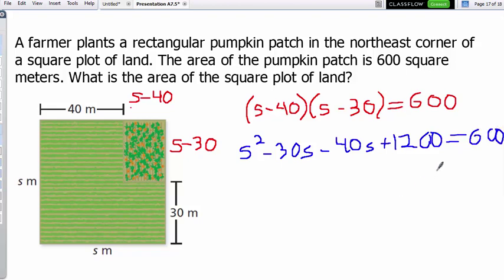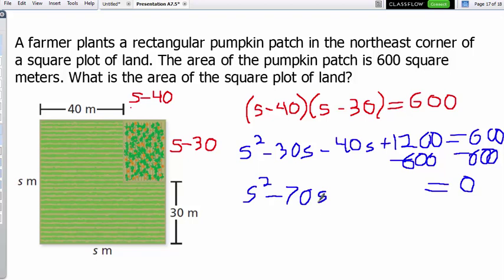The reason I FOILed this out is now I can subtract 600 from both sides, getting me a problem that has a solution of 0. And now what I have to do is refactor this.